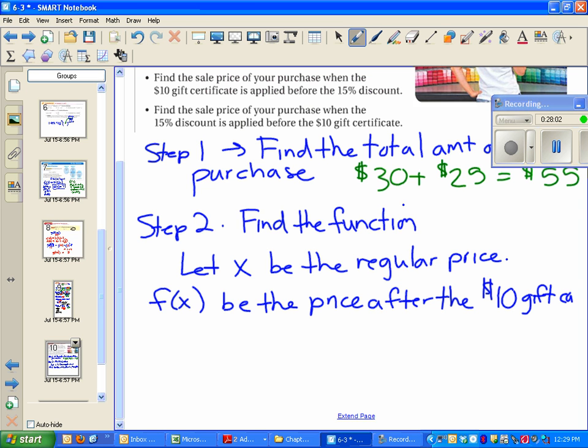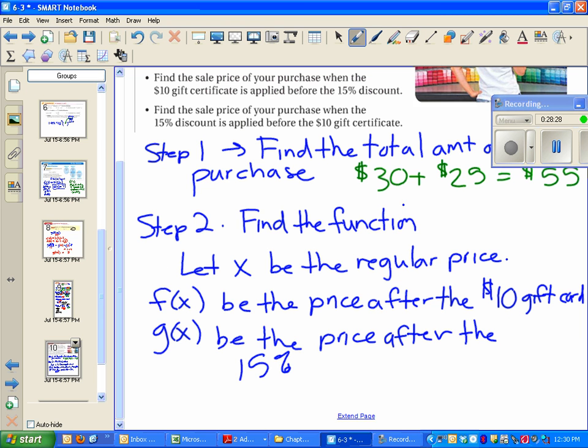We're just going to call it a gift card because that's what people do now. And then g of x is going to be the price after the 15% discount is applied.